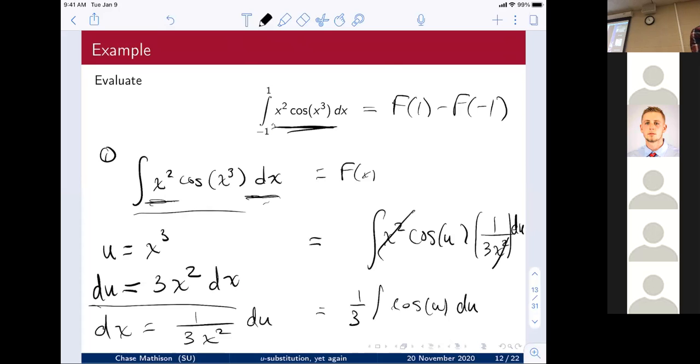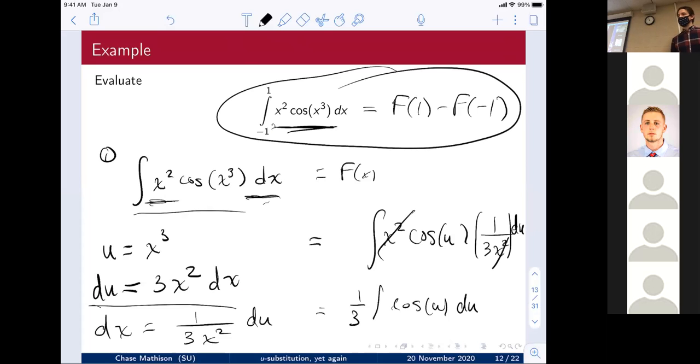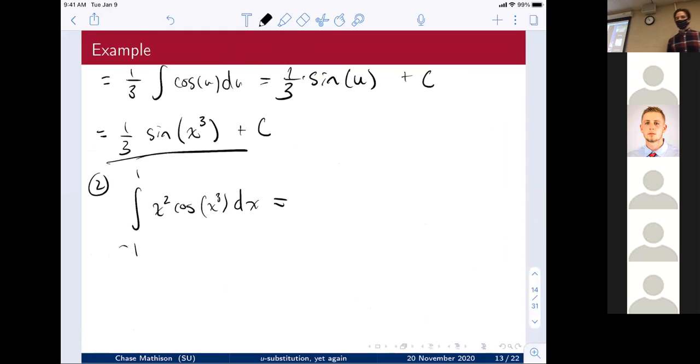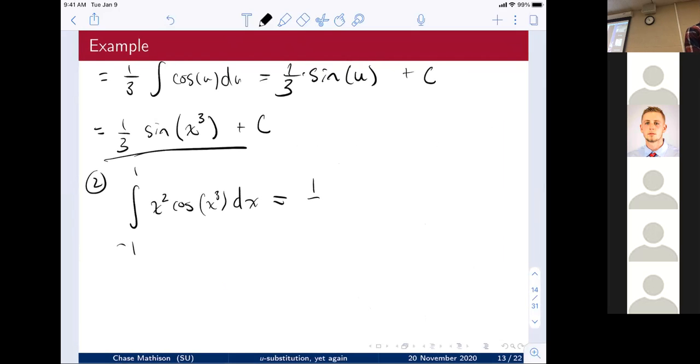Now I plug in. The integral from -1 to 1 of x squared cosine of x cubed dx is equal to, when I plug in 1 and -1 and take a difference, 1/3 times the sine of 1 minus 1/3 times the sine of -1.